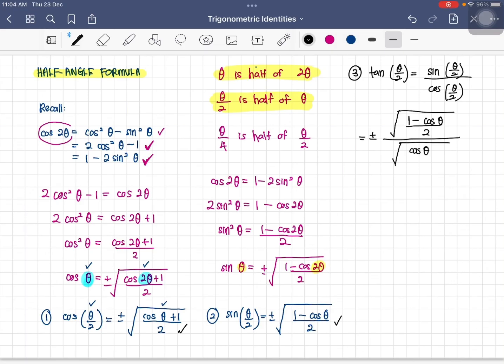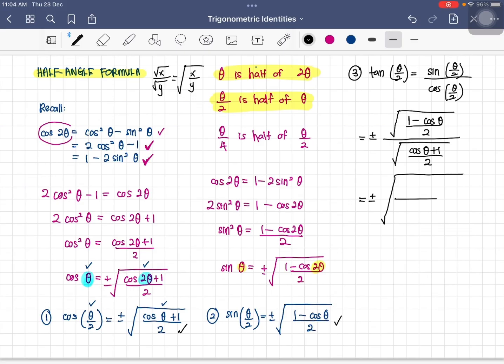cos of theta plus 1 over 2. Alright, so you should know the property that square root of x divided by square root of y can be written as square root of x over y. Therefore, I have this one as plus minus square root of the whole thing here.